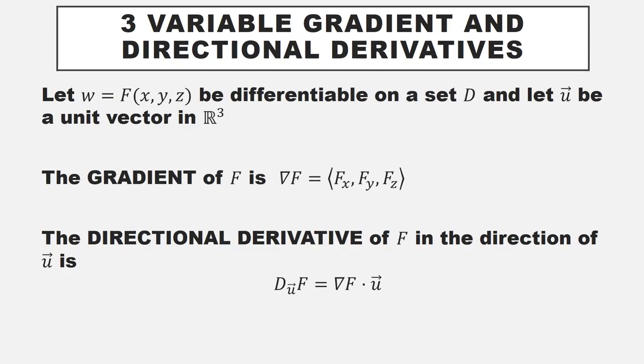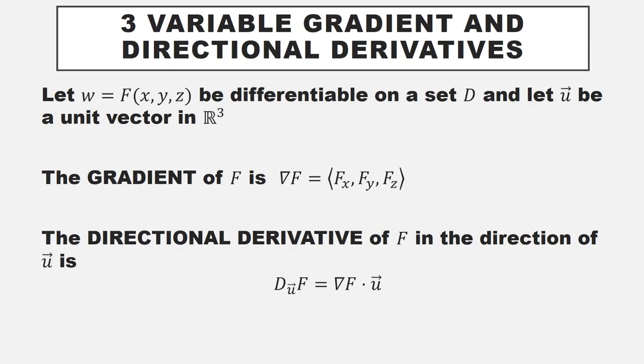If we have 3 variable inputs, then we can do a similar thing. If I have a function whose inputs are coming from R3, and if I have u as a unit vector in R3, then the gradient of my function is the vector f sub x, f sub y, f sub z.